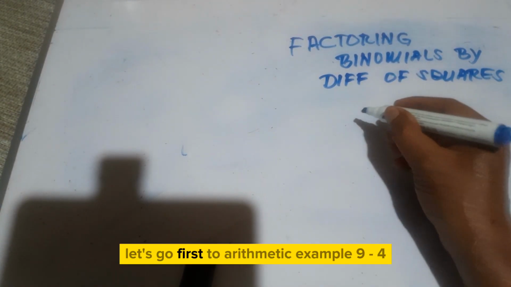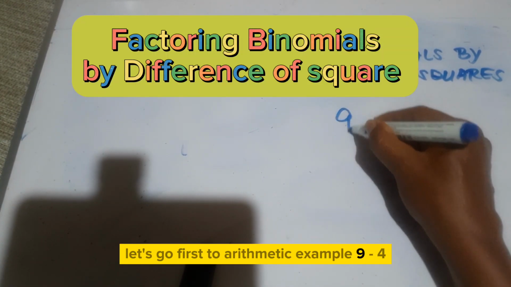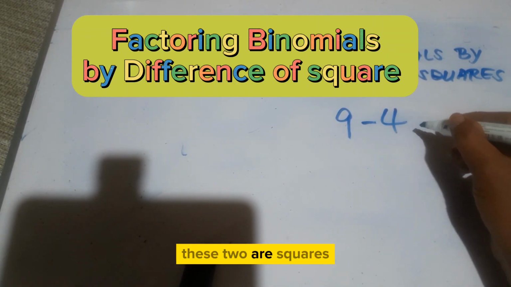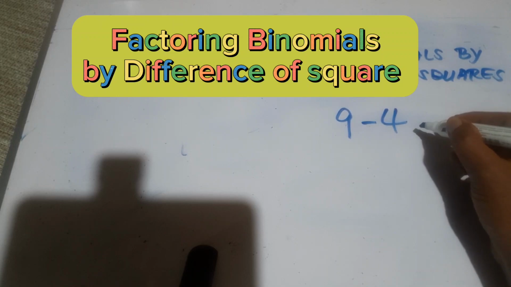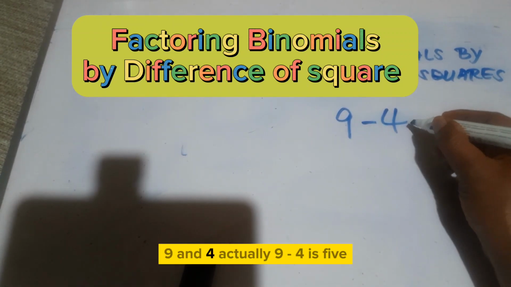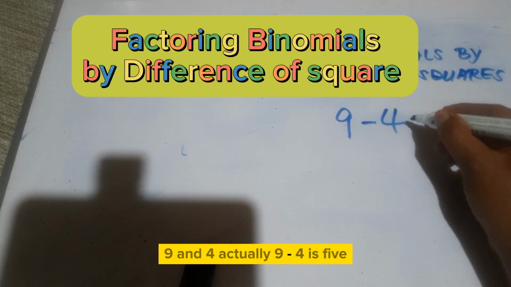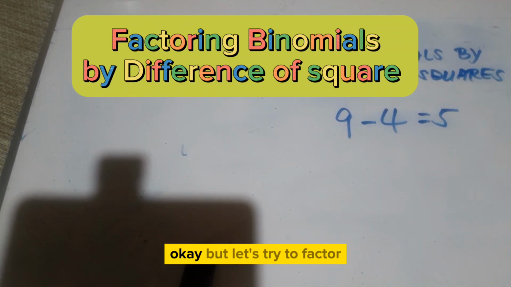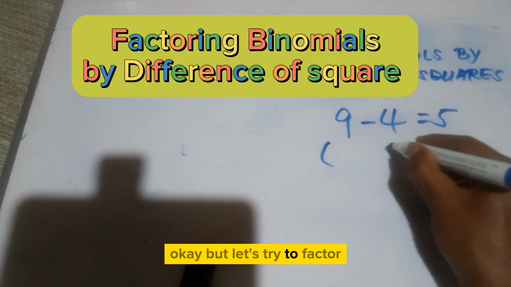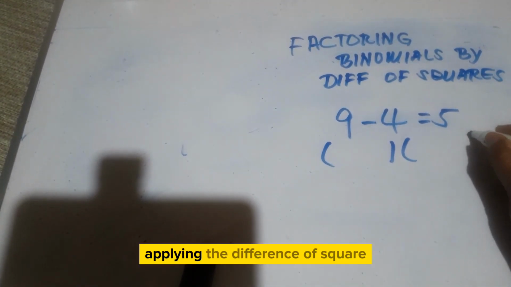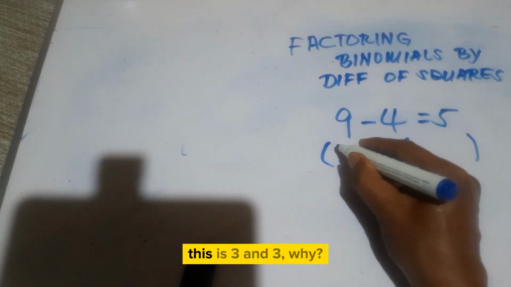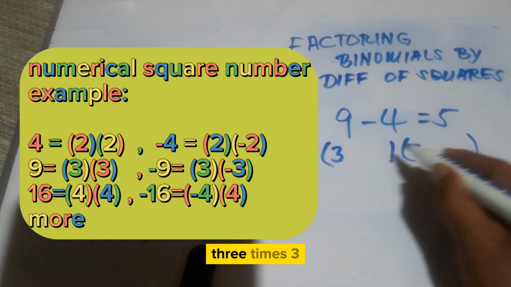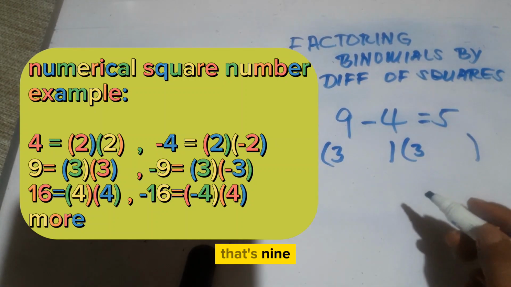Let's go first to arithmetic. Example, 9 minus 4. These two are squares, 9 and 4. Actually, 9 minus 4 is 5. But let's try to factor applying the difference of square. This is 3 and 3. Why? 3 times 3, that's 9.